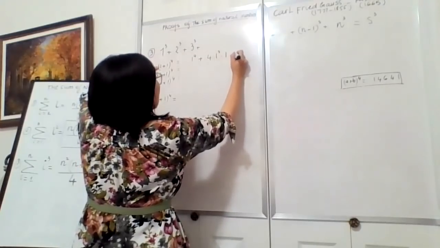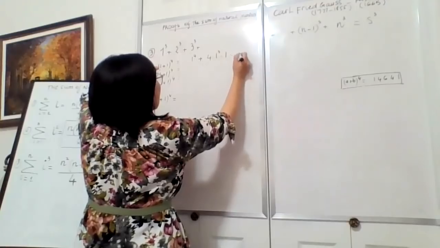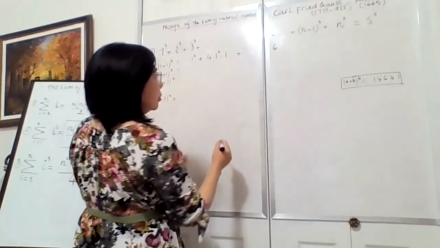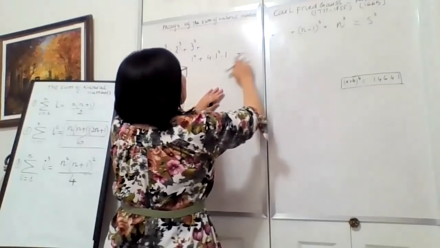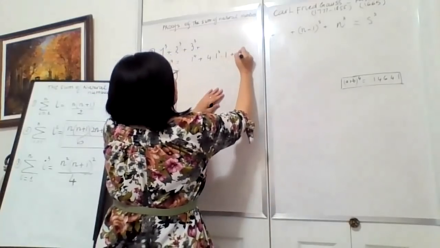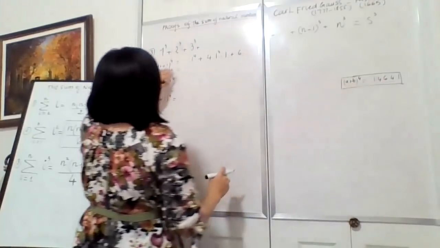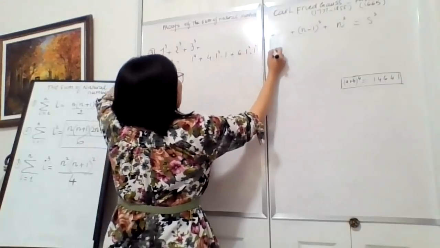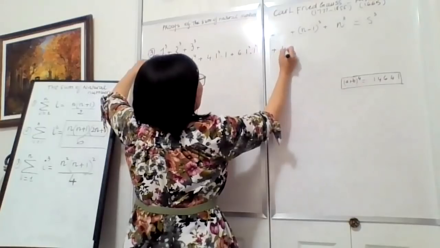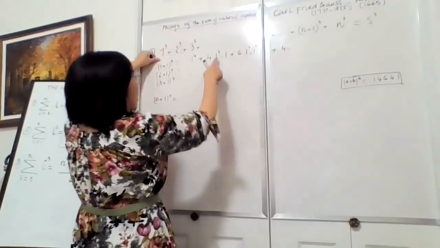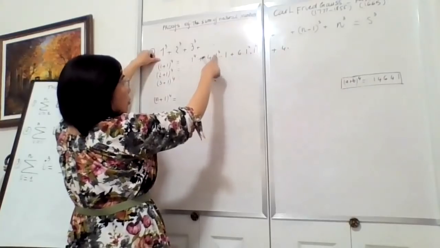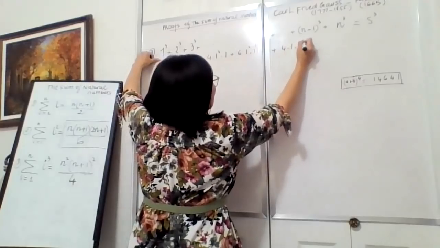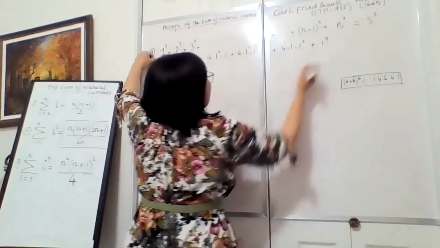Now we add 6, times 1 to the power 2 times 1 to the power 2. Adding 4 times, the power goes down from 4 to 3 to 2 to 1, and this goes up to 3, and the last term will be 1 to the power 4.